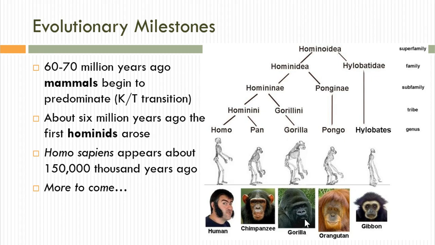Okay, so this is what we were talking about. We have our mammals. Here's the thing. I just want to point out, this is like 65 million years ago, mammals begin to predominate. That is when the dinosaurs go extinct 65 million years ago. But here's the thing about that. Mammals actually evolve way before that. Mammals are evolving at least 220 million years ago.